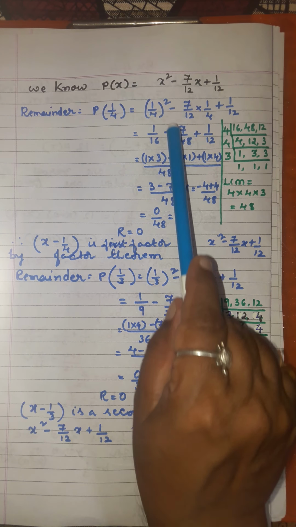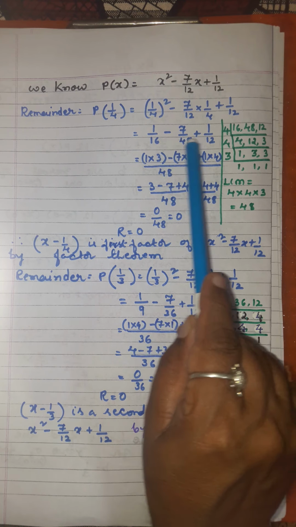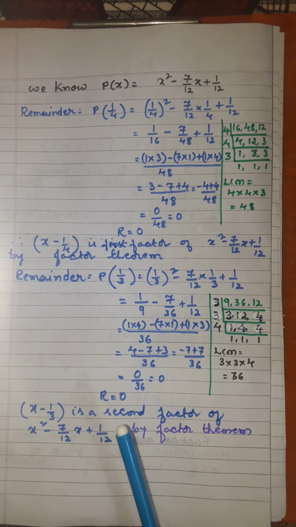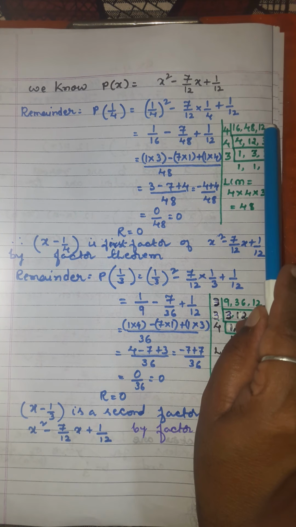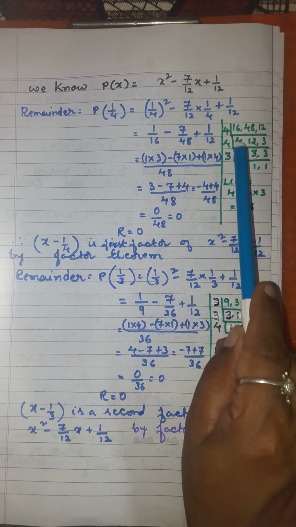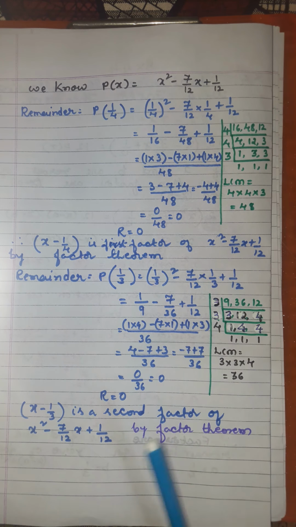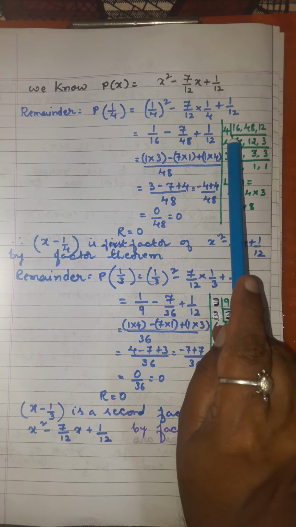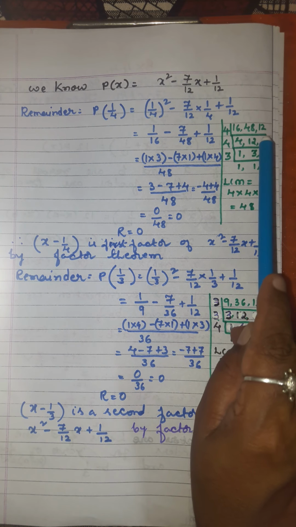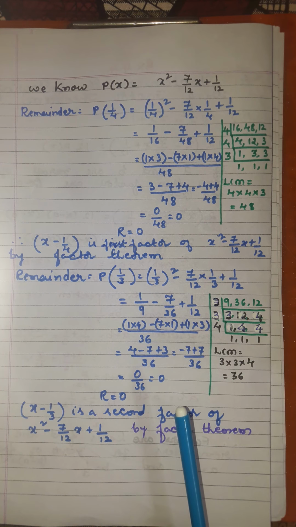Let us simplify the fraction by finding the LCM of the denominators 16, 48 and 12. 16, 48 and 12 are divisible by the common number 4. Let us divide them: 4 times 16, 12 times 48, 3 times 12. Here in the second step, all three numbers are not divisible by a common number, only the first and second numbers are divisible by 4.